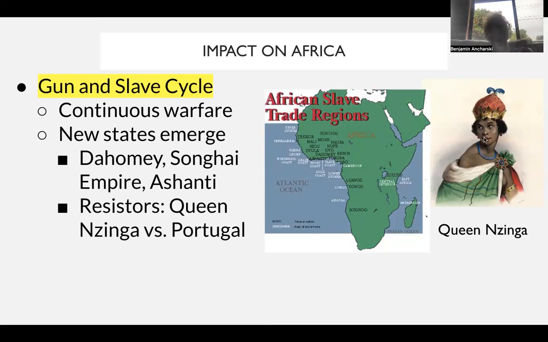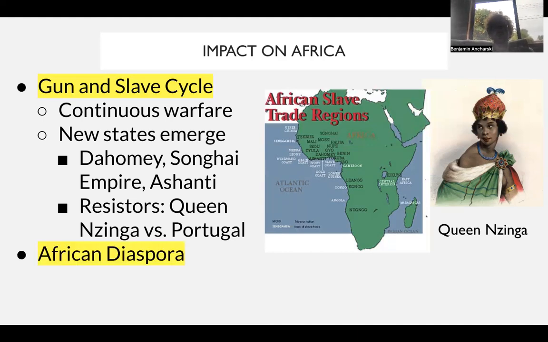Queen Nzinga is going to actively resist European, especially Portuguese, presence in her state in West Africa, right around here near Congo, or down here actually in Angola. So we do see that some states are going to organize effectively against European encroachment. Unfortunately, it is not the trend. It is an exception to the rule.